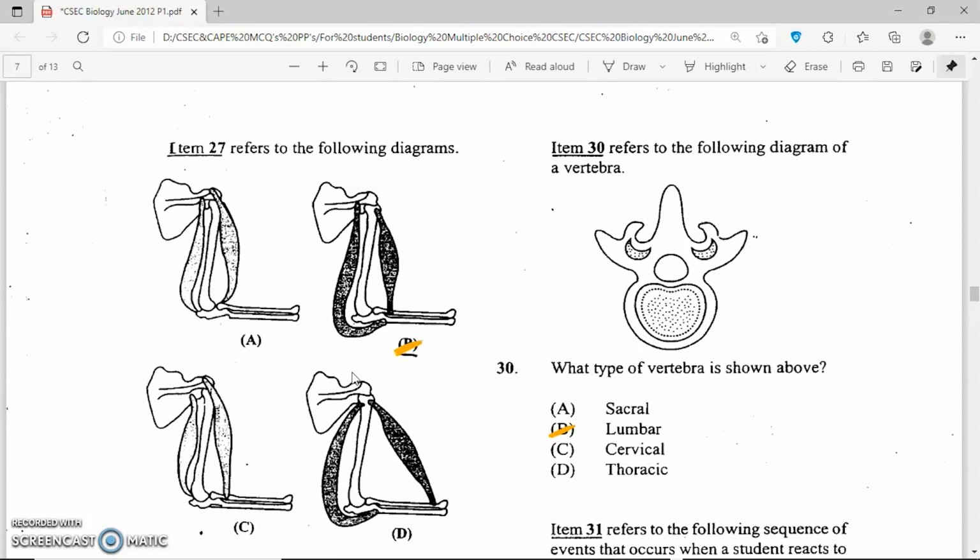And the bicep must attach to this region of the radius and pull that bone in this direction, so that the forearm can be flexed. So the answer here is B.